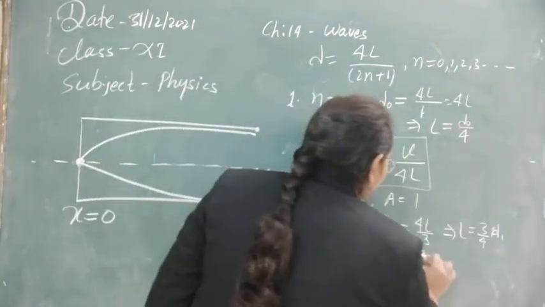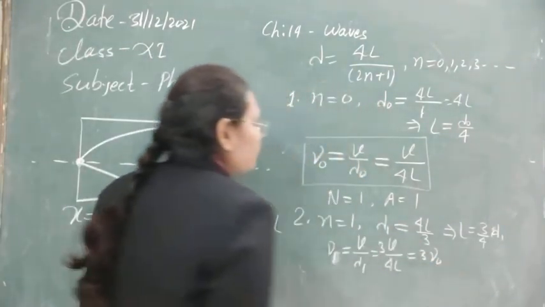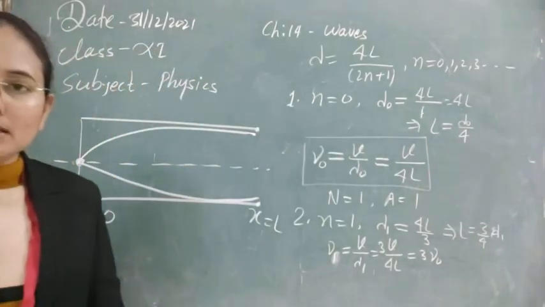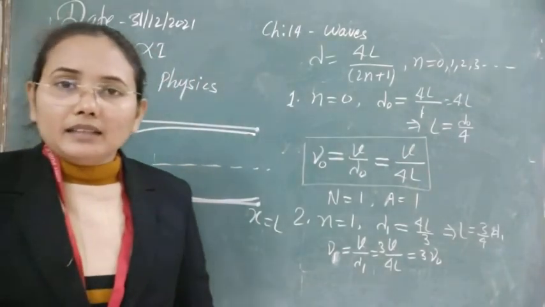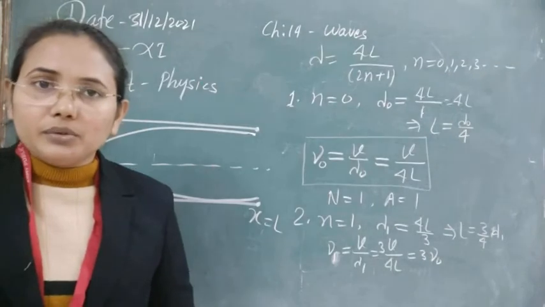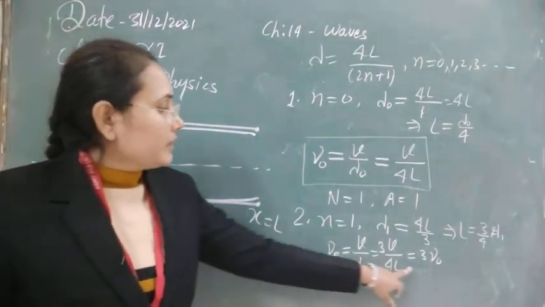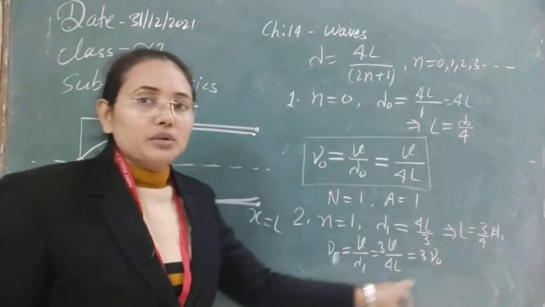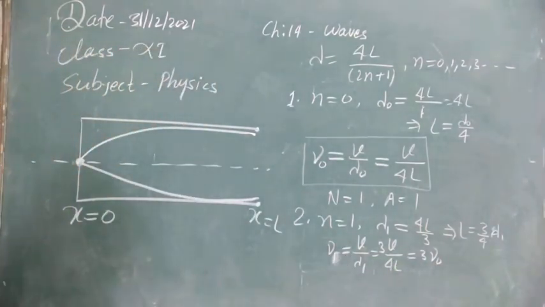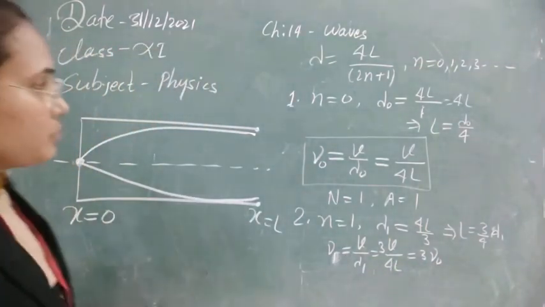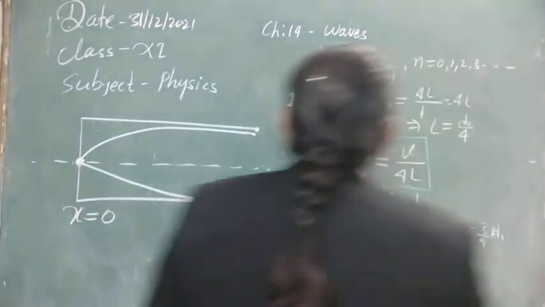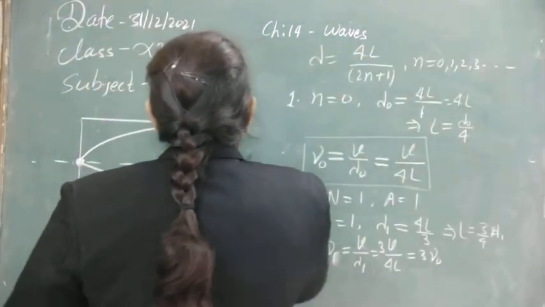This will be 3 times nu 0. You can see here it is completely different from the condition that we understood before in the case of stretched string. Here nu 1 becomes 3 times nu 0, and the generation of waves in this open organ pipe will also be different.